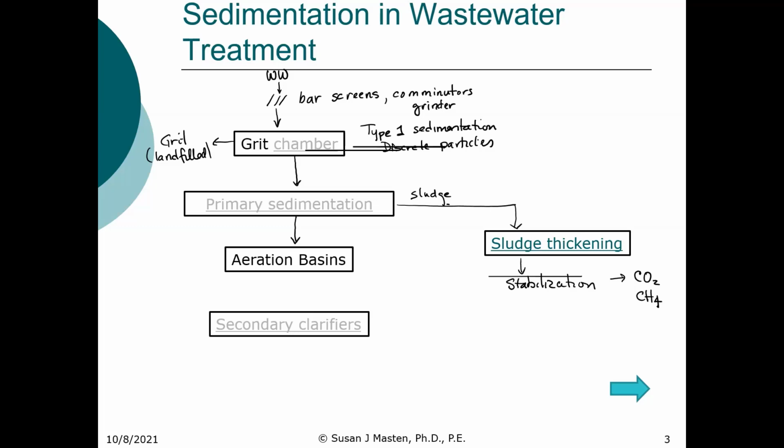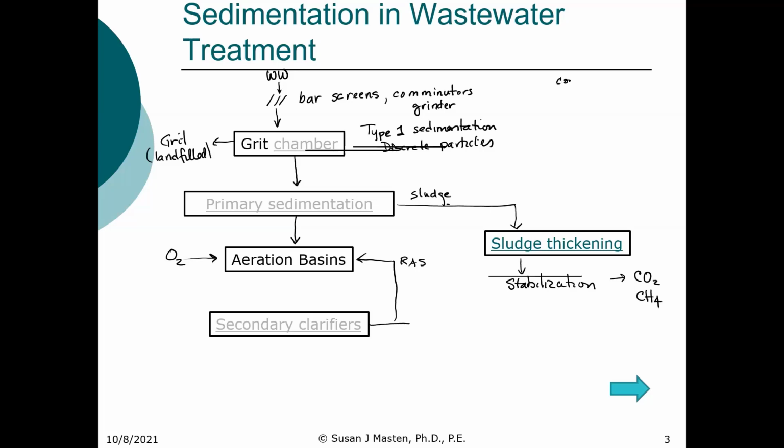Now with aeration basins, we're again using microorganisms. What we will do is we'll add oxygen. We also then take some portion of the sludge from the secondary clarifiers. This is referred to as return activated sludge, that contains all these microorganisms that are useful for degrading that organic matter.